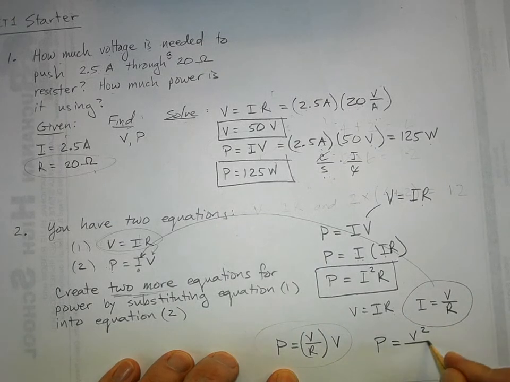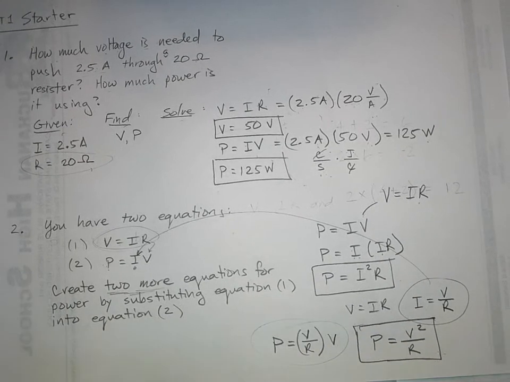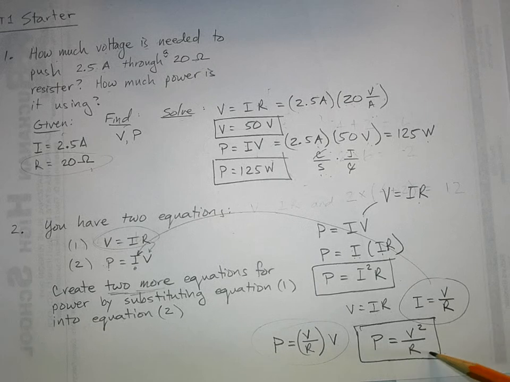Voltage squared over the resistance. Now this is much more common. This is a very common formula to use. If you know what the resistance is and you know what the voltage drop is across the resistor, you can figure out how much power is going through it by using this formula.